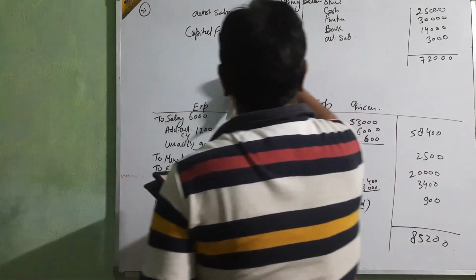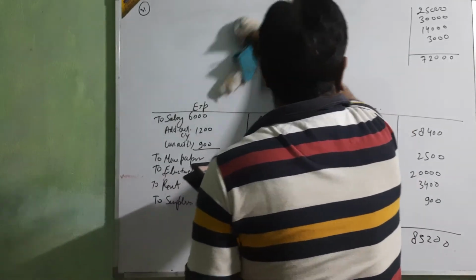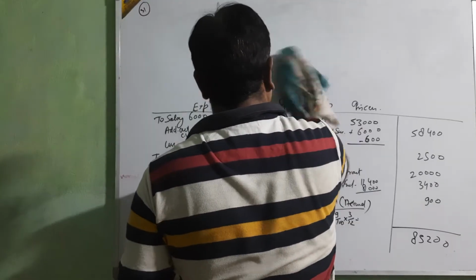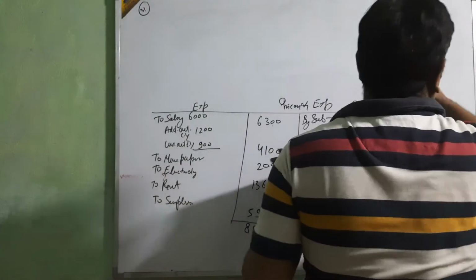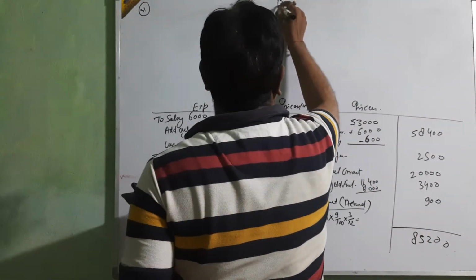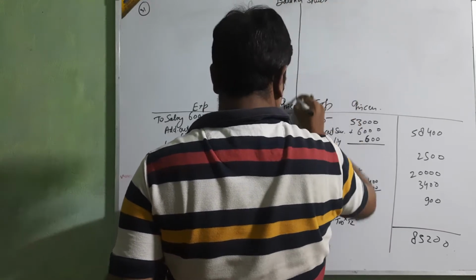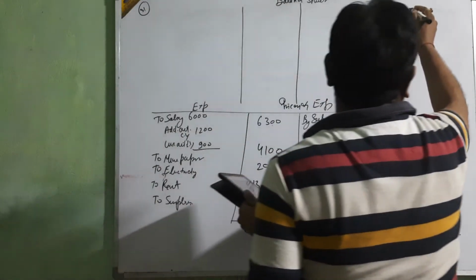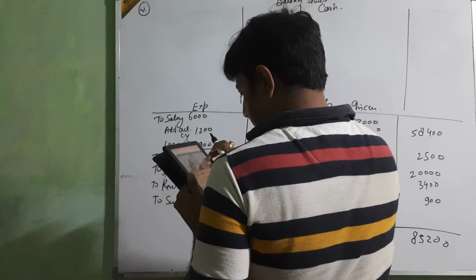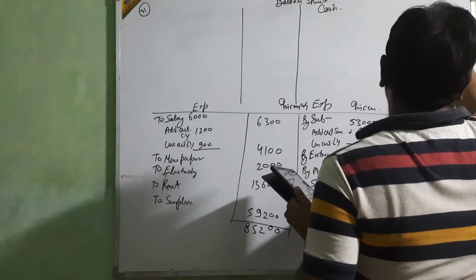Okay, beta? Balance sheet. First, cash, closing balance 7,400, beta.